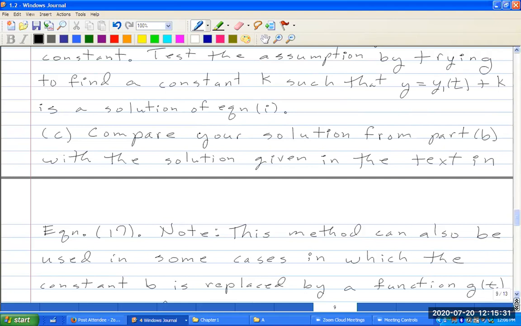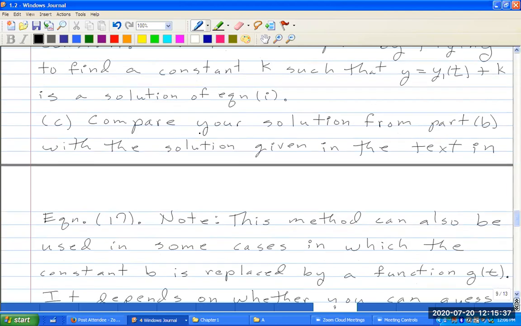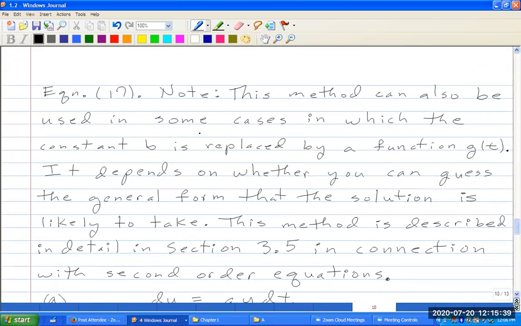Compare your solution for part B with the solution given in the text in equation 17. Note, this method can also be used in some cases in which the constant b is replaced by a function g. It depends on whether you can guess the general form that the solution is likely to take.